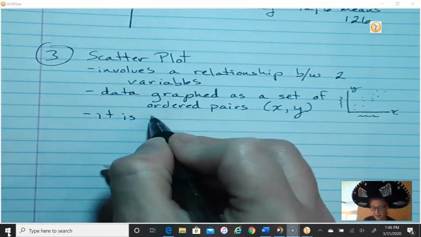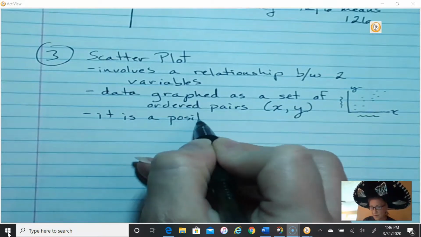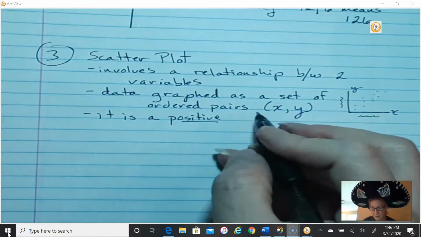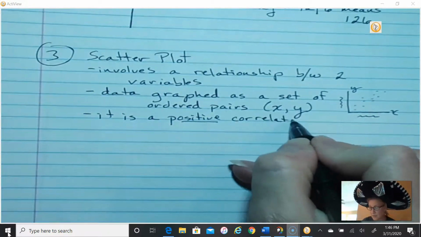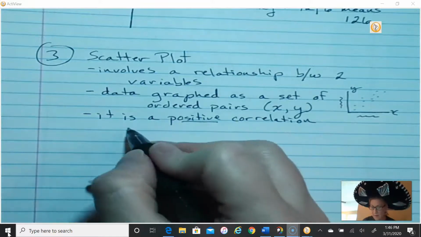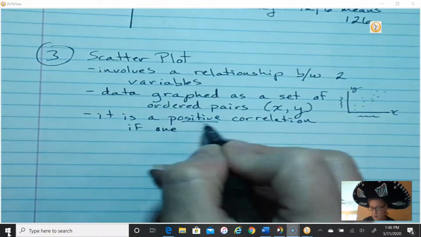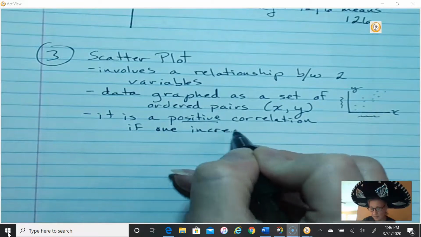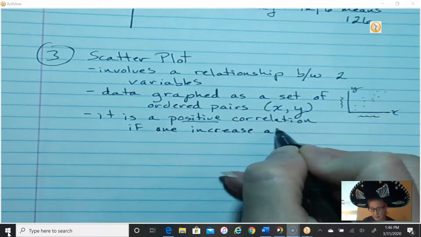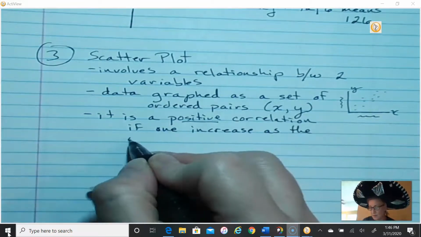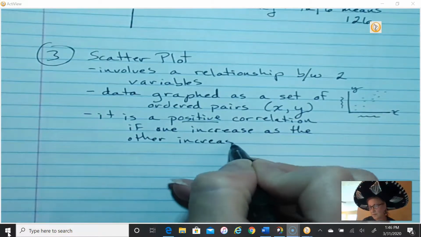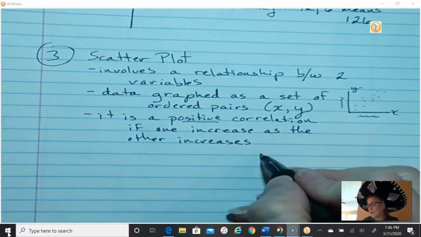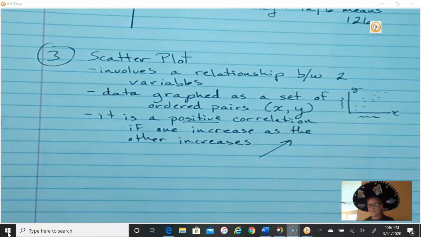It is a positive correlation if one increases as the other increases. Basically, if the dots are going this way.